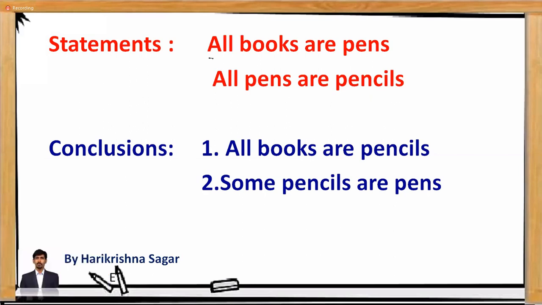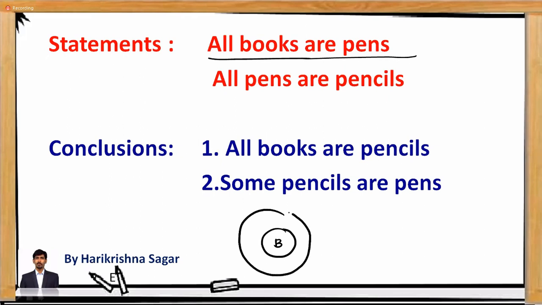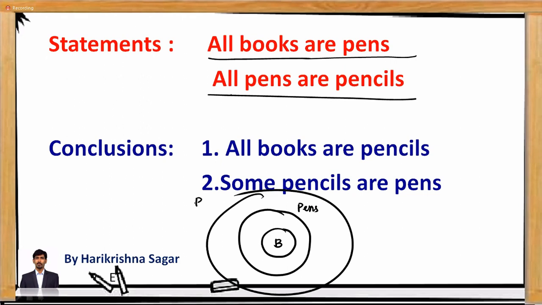So what is the question? All books are pens. So you can just treat that in the form of a diagram. I'm taking books like this. As per the data, all these books are going to be pens. Second statement, all pens are pencils.